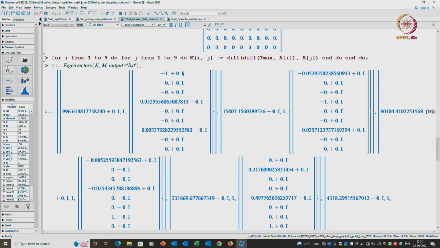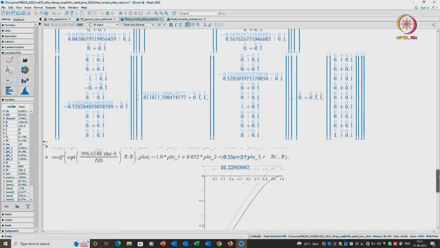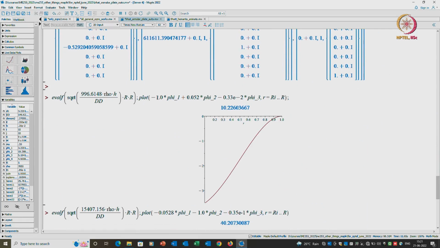So what we have is -1 for phi 1, 0.0529 for phi 2, and -0.0033 for phi 3. So if we do that over here, this line is relevant to that. So -1 phi 1 plus 0.052 phi 2 minus 0.0033 phi 3.